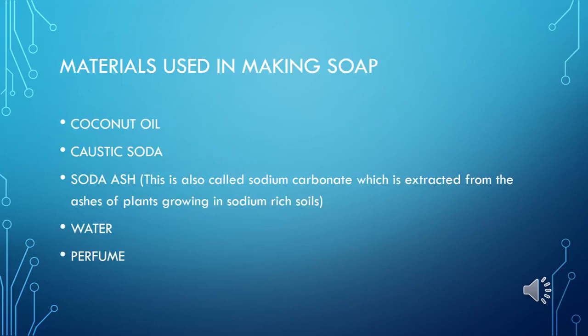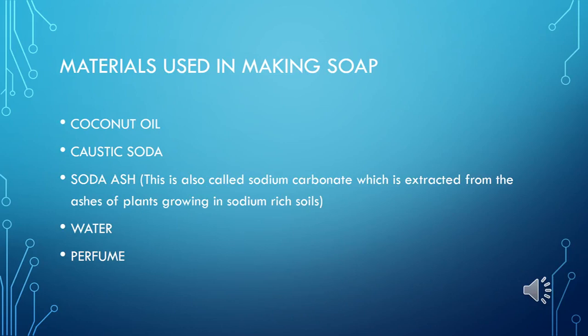Now let us look at some of the materials that we can use in making soap. Coconut oil is one. Most of us are familiar with coconut oil. We can use coconut oil to prepare our food. Caustic soda. This is normally white in nature and it is solid, just like salt or sugar.